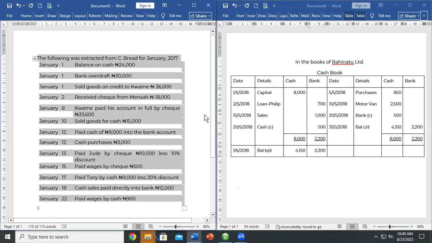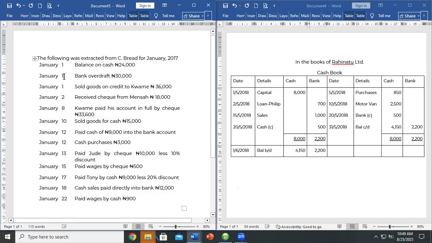The following was extracted from the cash book for January 2017. First, the balance of cash, and then on the same 1st January, you have a bank overdraft.